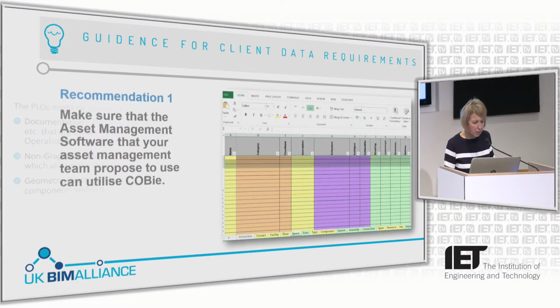So the key recommendation, number 1, just thinking about the data element of that exchange, is make sure that if you've got an asset management software, if you've got systems in place, you understand how they're going to interface with data that comes through via COBie, because there needs to be a plan to get data from A to B. So it's worth understanding the fields that are in COBie and the fields that are in your asset management system and how they relate to one another.